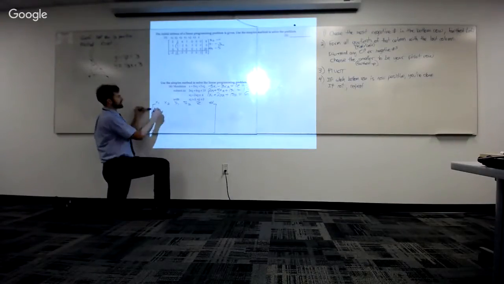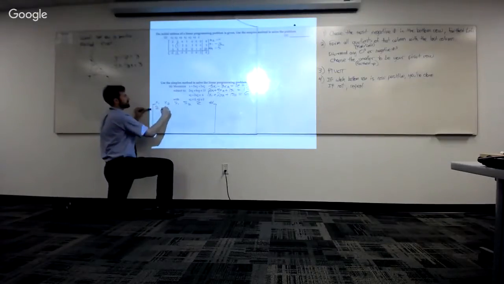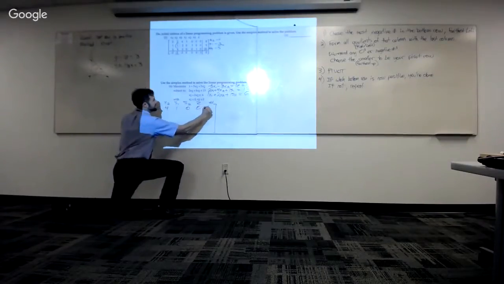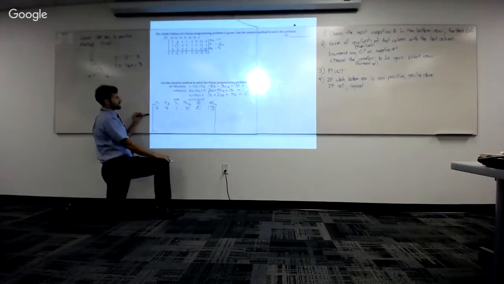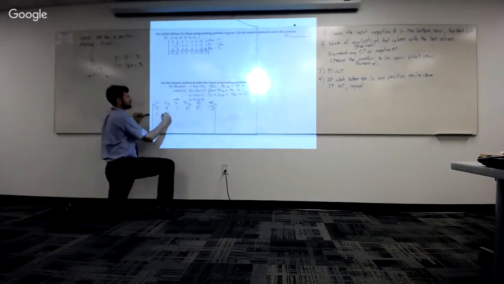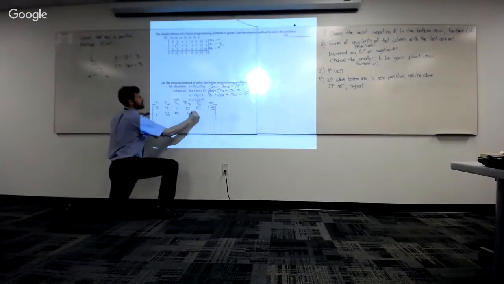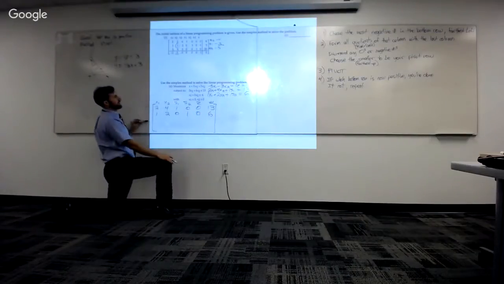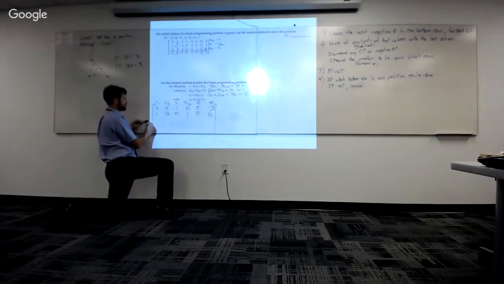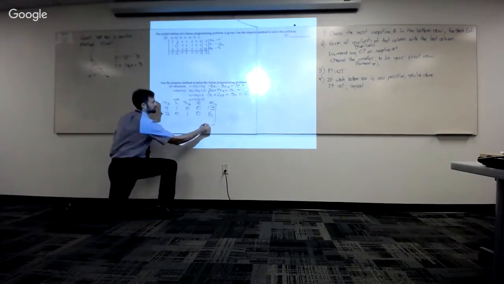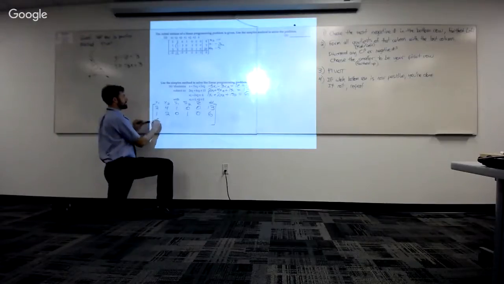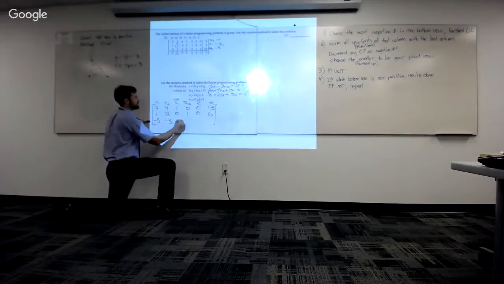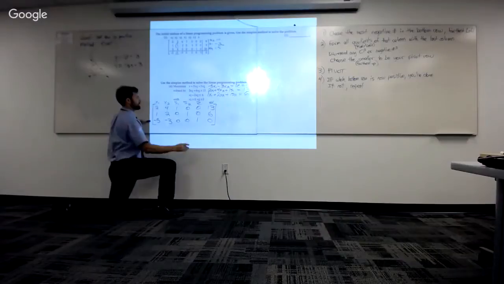So my first constraint would be what? 2, 4, 1, 0, 0, 13. And my second constraint would be 1, 2, 0, 1, 0, 6. And then my third and final line is always the objective function. And my objective function will be negative 5, negative 3, 0, 0, 1, 0.